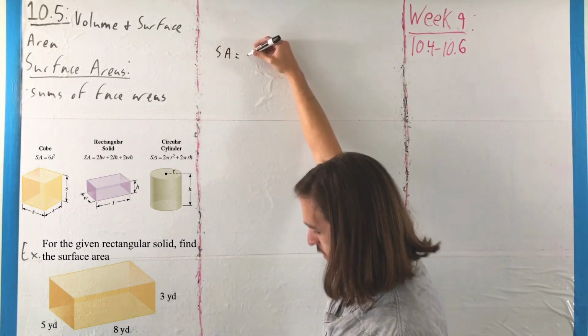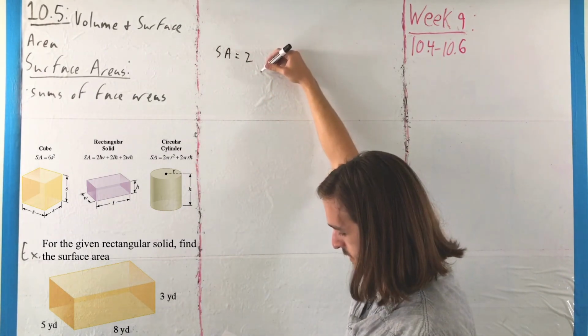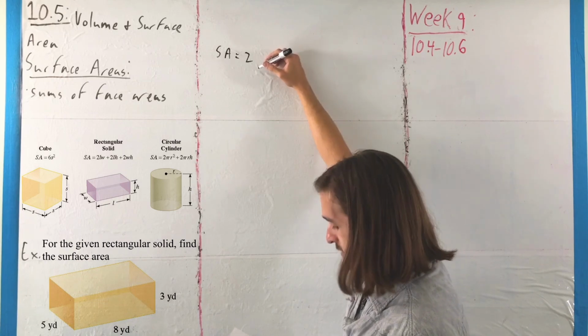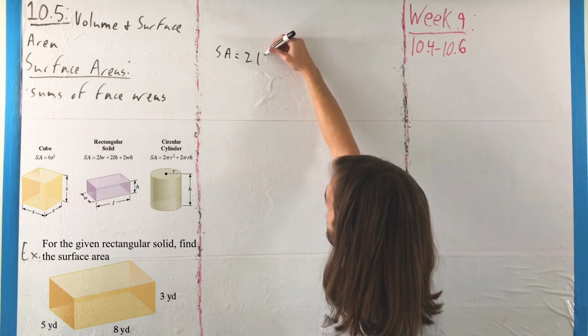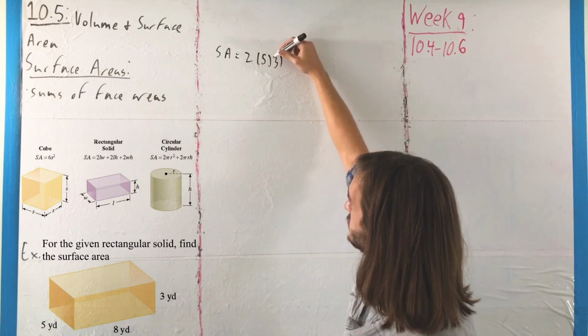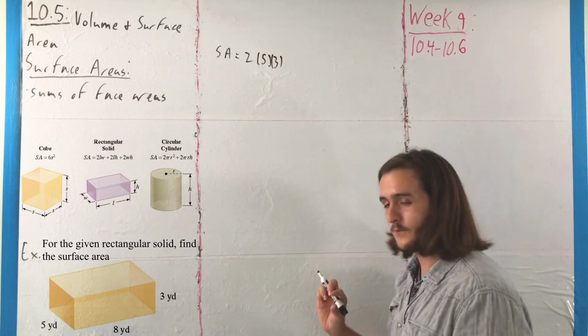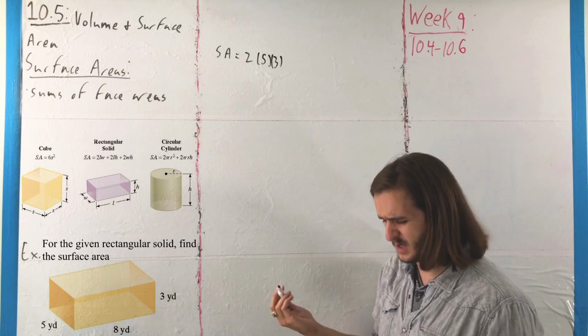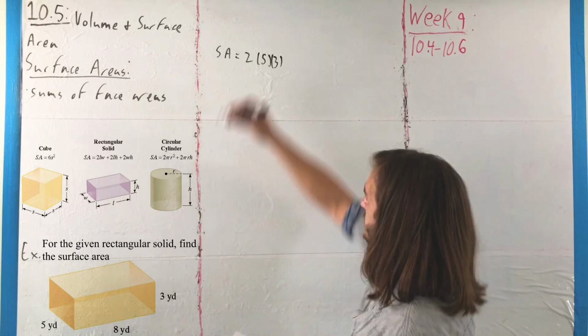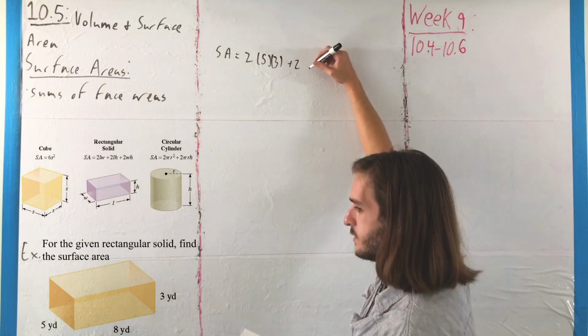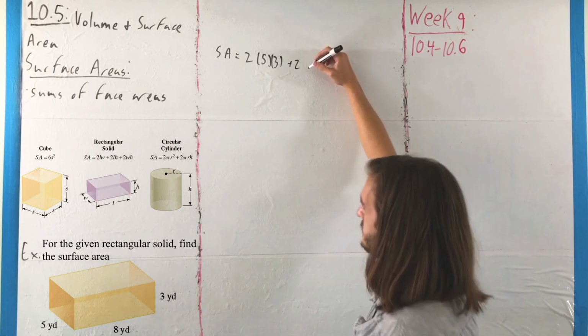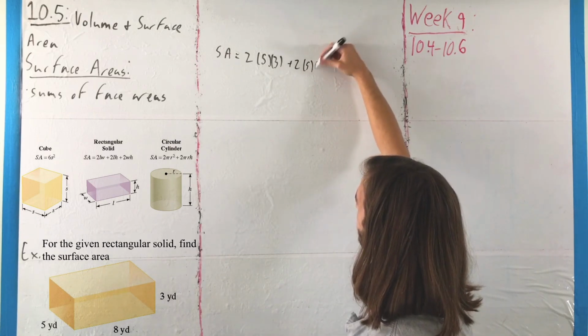SA for surface area here will be 2 times the, I'll say that's width times height faces, 5 times 3, because we have 2 of those on the front and back, or left and right, depending on how you want to think about that. Then we have 2, call those length times width faces, the top and bottom, 5 and 8.